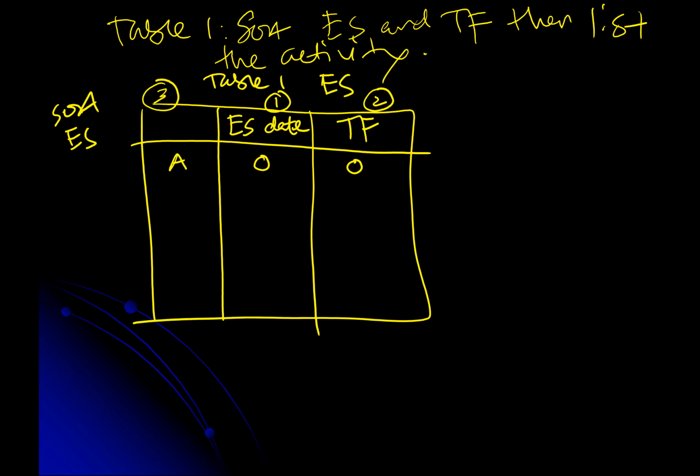After 0, there could be maybe 2. But maybe there are 2 activities with the same early start date, maybe activity B and C. Then how are you going to sort, because you need to sort according to the earliest first.